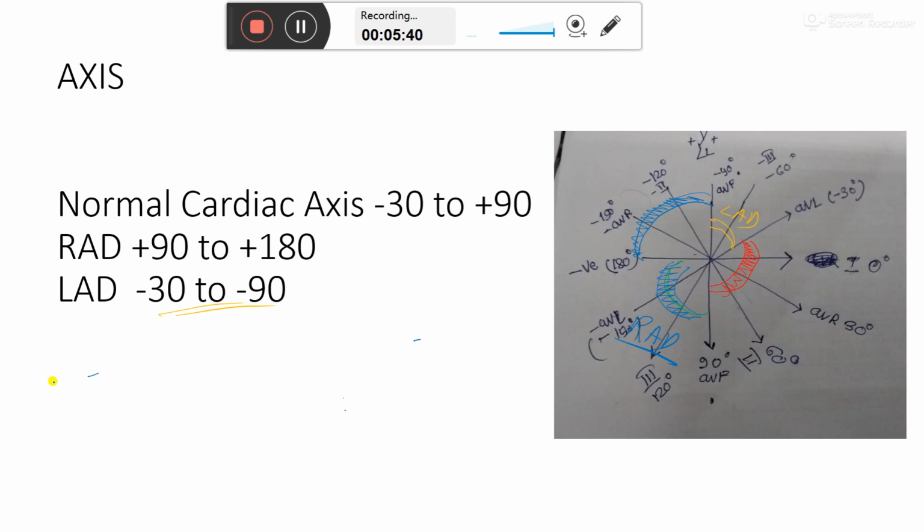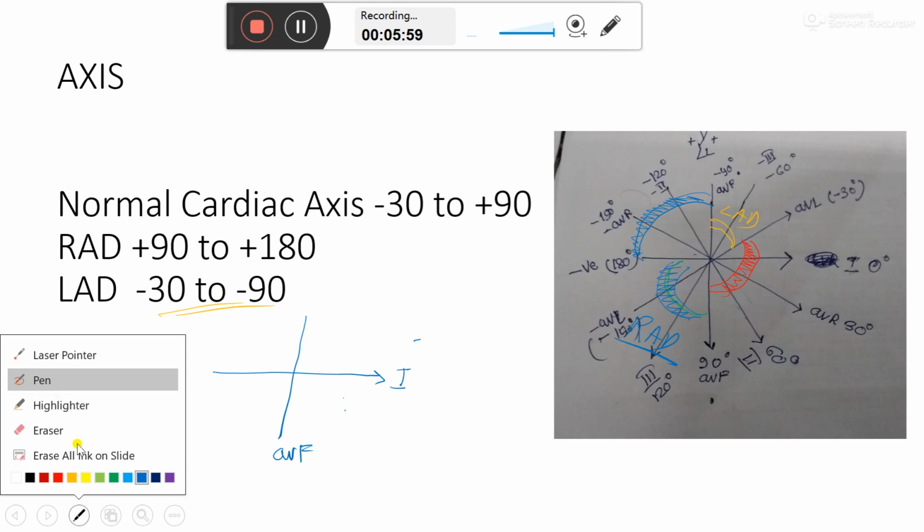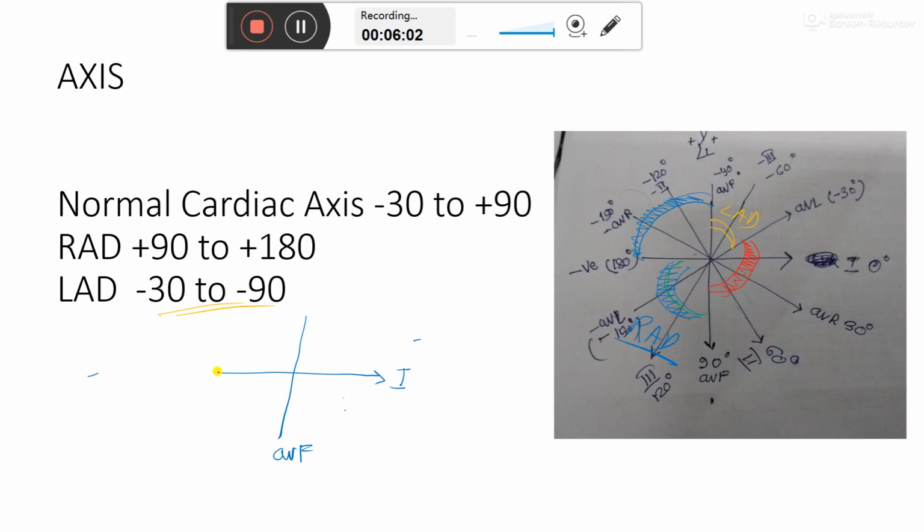Now I will explain how it occurs. Suppose this is lead 1 and this is AVF. If it becomes negative in lead 1, the vector will be in this direction, but positive in AVF, so the vector will be in this direction.